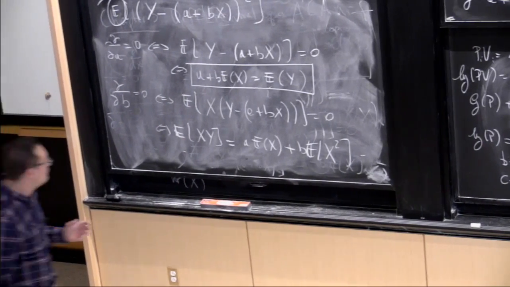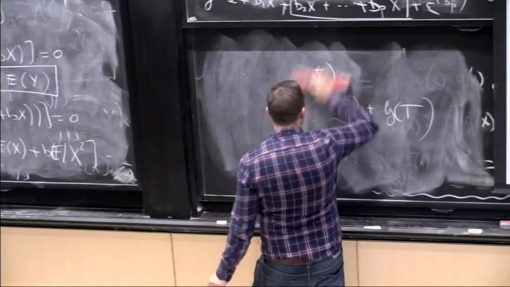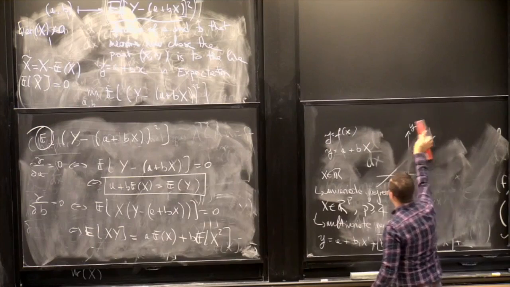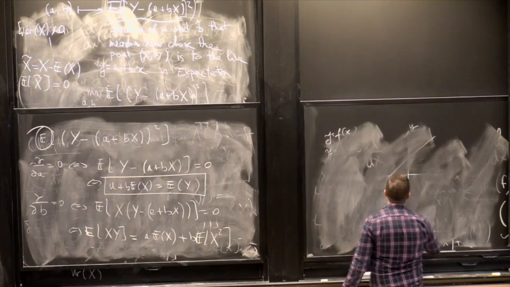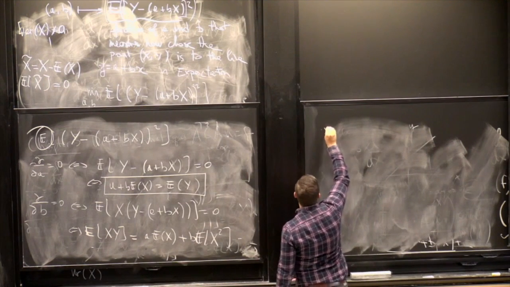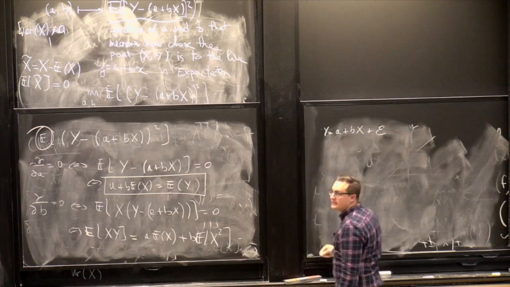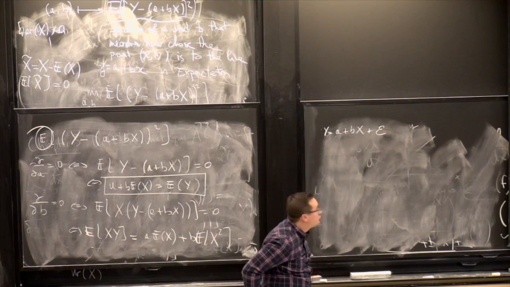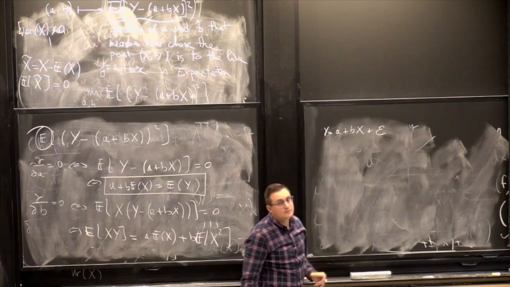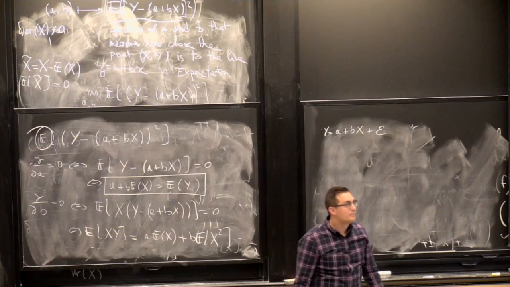If I have that y is a plus bx plus some noise, which is usually denoted by epsilon. So that's the distribution, right? If I tell you the distribution of x, and I say y is a plus bx plus epsilon, I tell you the distribution of y, and if maybe those two are independent, you have a distribution on y.